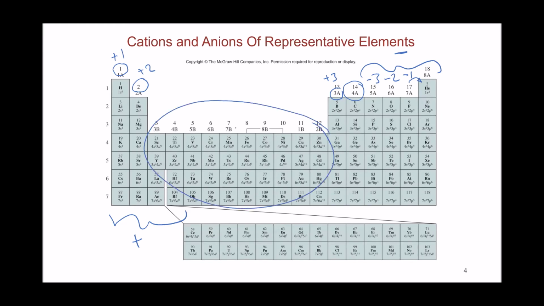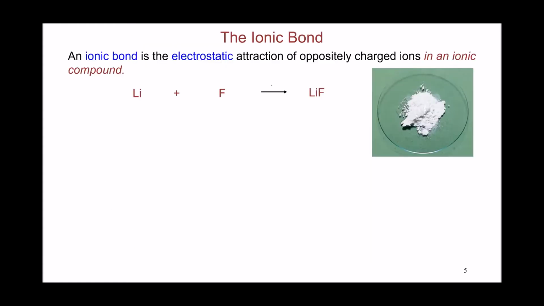This part of the periodic table are still metals, which means they actually prefer to lose electrons and form cations, but it's a little bit more complicated because it can lose a variable number of electrons and form a variable number of cations.